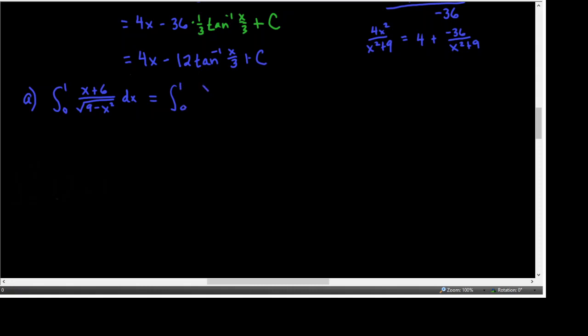I'm going to split this into x over the square root of 9 minus x squared plus 6 over the square root of 9 minus x squared dx.